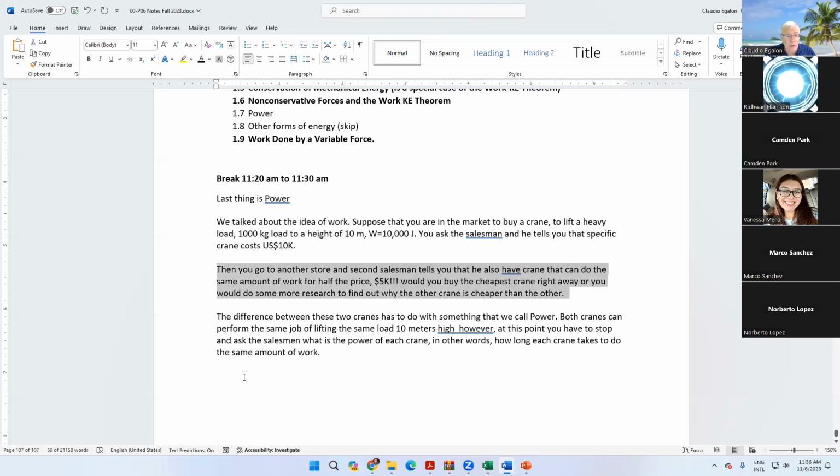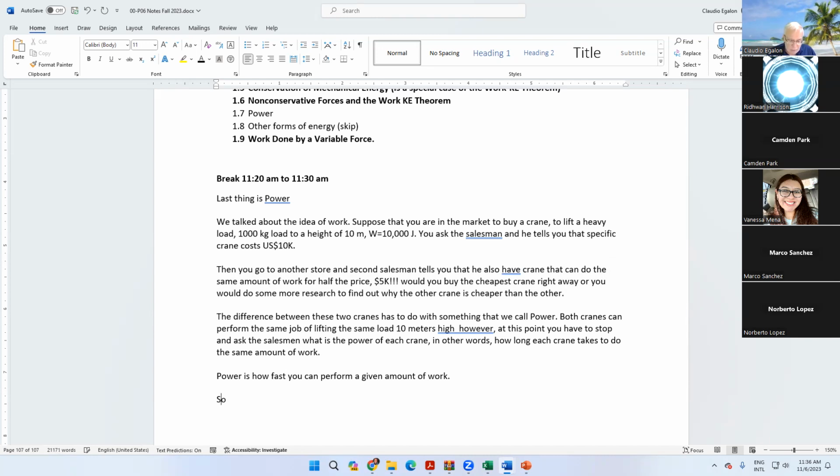Maybe the second crane is cheaper because it takes 1 hour to lift the same load. Okay, that's what power is all about. Power is how fast you can perform a given amount of work.